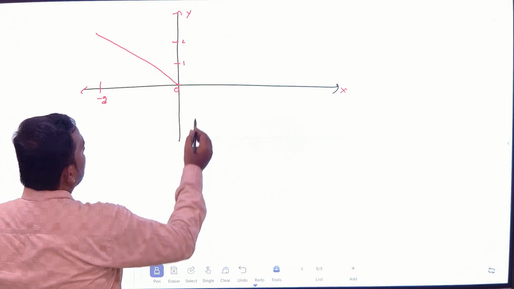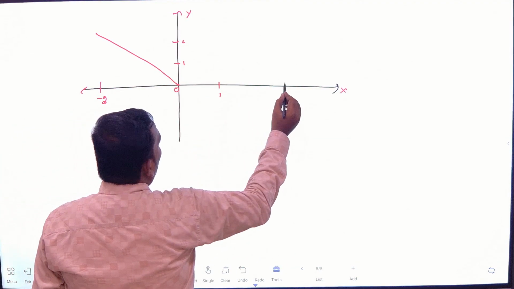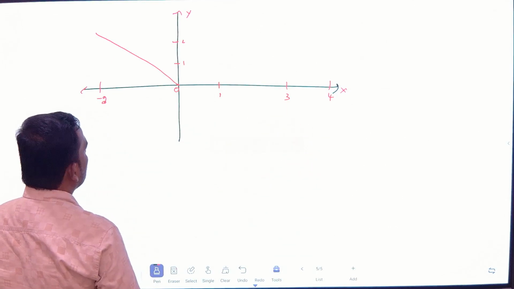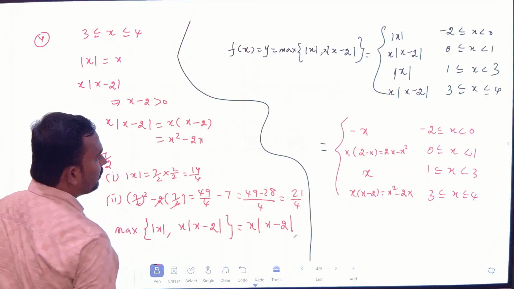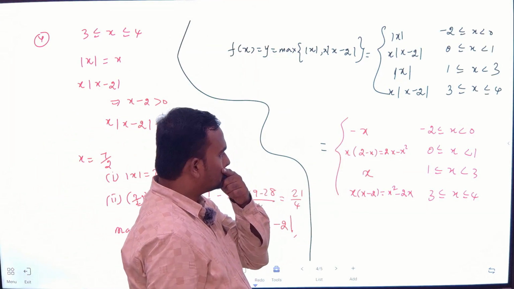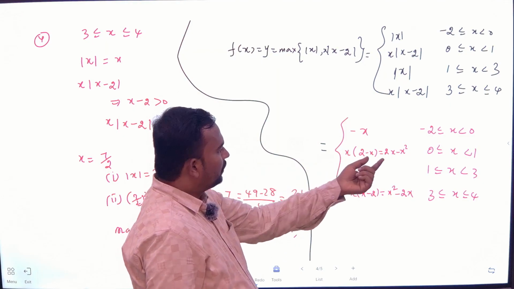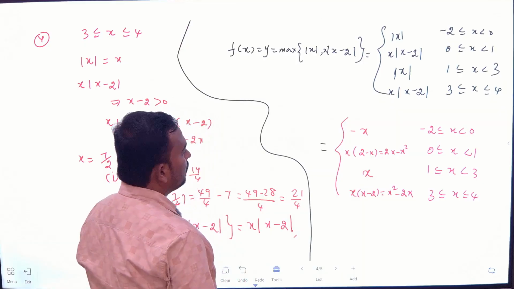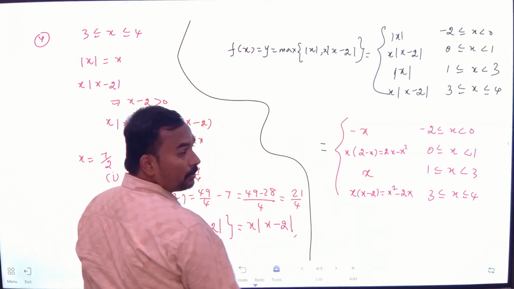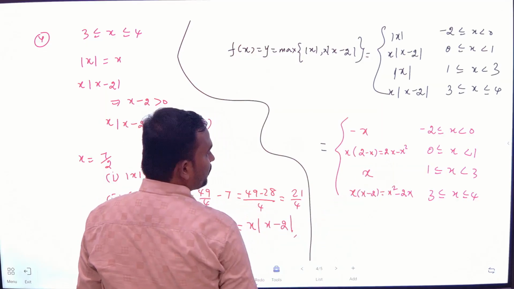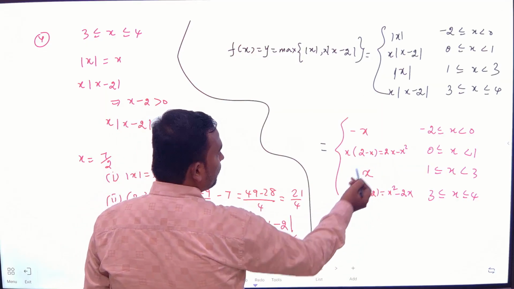Okay. Next 0 to 1, 1 to 3, then 3 to 4. 0 to 1, you can see the graph will be minus x square plus 2x. You can see the maximum attained by the graph is 1, right? Understood? It is a downward parabola, right? So, if I put 0, it is 0 only. If you put 1 here, you will get 1.